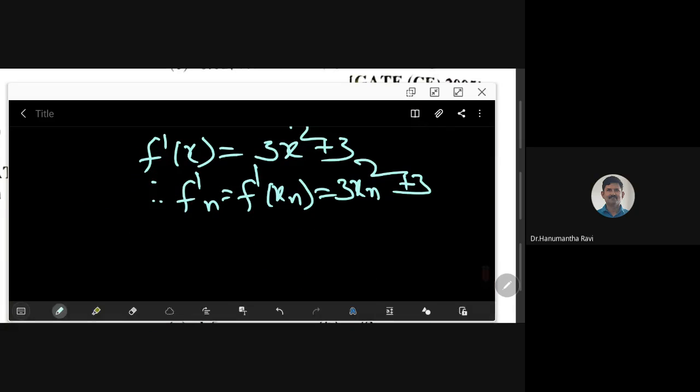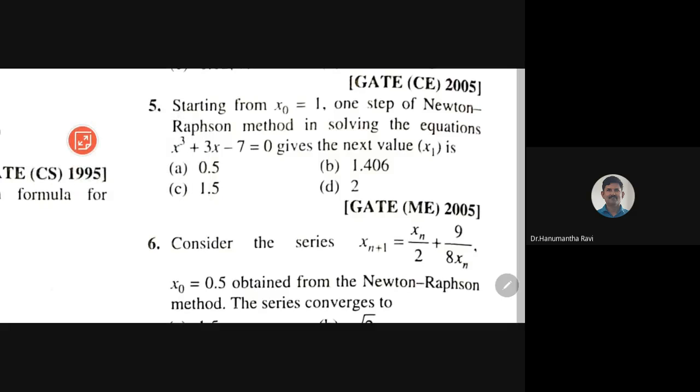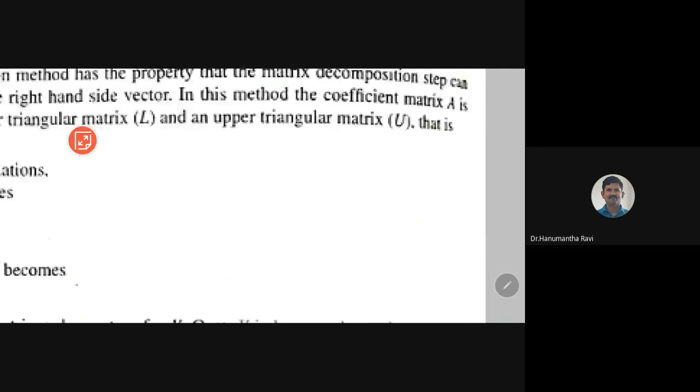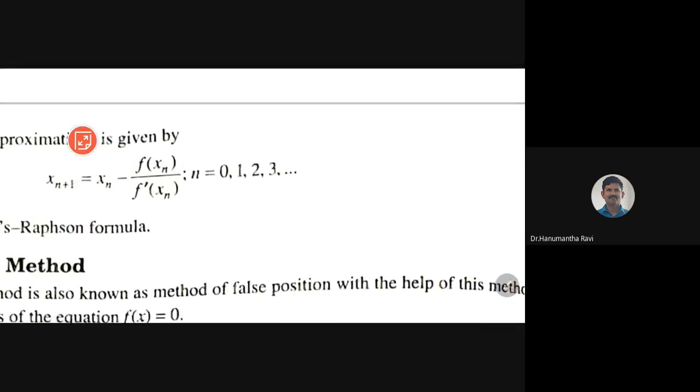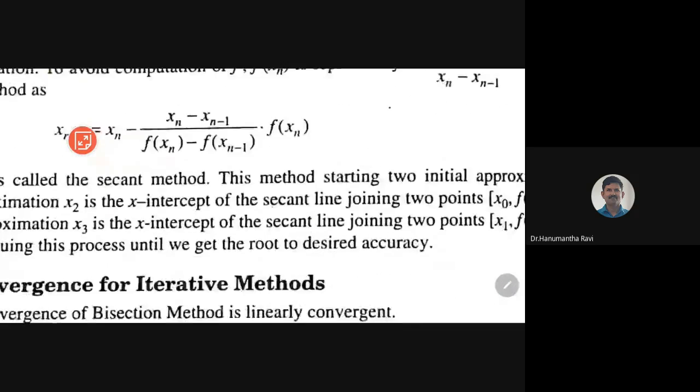So how can the iterative formula be written? So this is the formula.